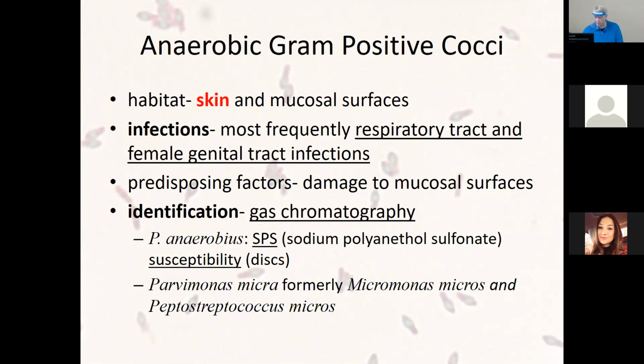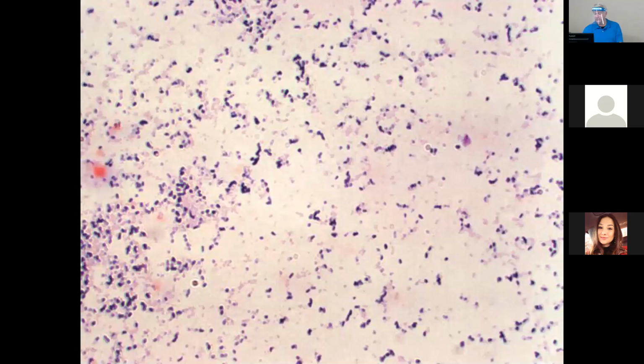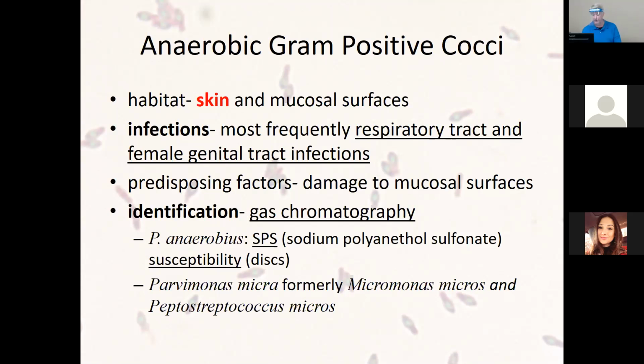Maybe we can get some help. That's it for gram-positive cocci. It says Peptostreptococcus. It's in the second paragraph under anaerobic gram-positive: among anaerobic gram-positive cocci, the genera.